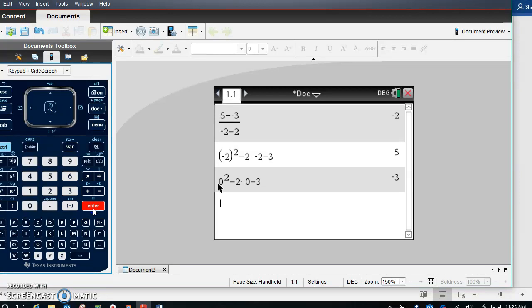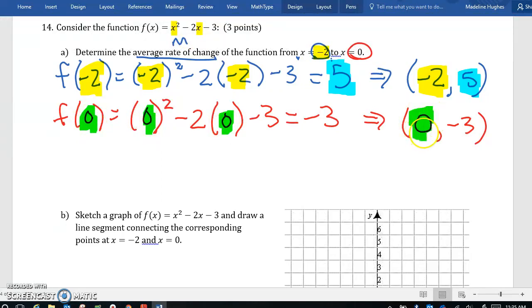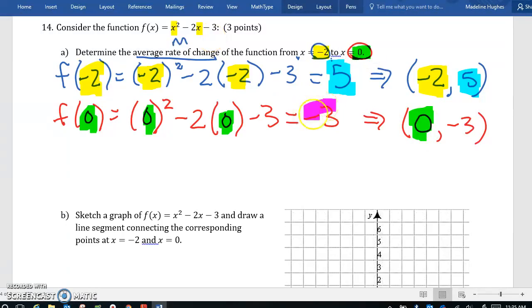Hit enter, and we get -3. We go back over here. This is equal to -3. So our point then is (0, -3), since that was the x, and we got -3. So again, here these zeros are all right here, and that's our x value that was given. We got that from up here. And when we plugged that 0 in, we got -3, so that's how we get that value there.